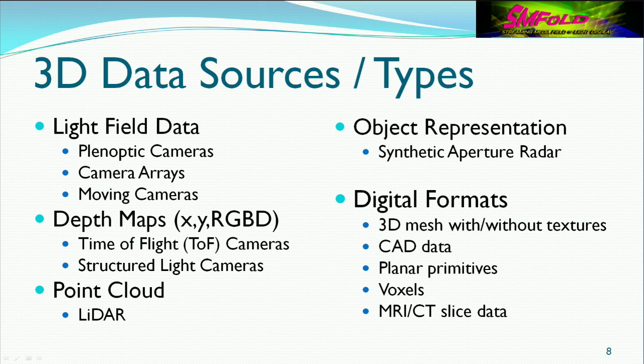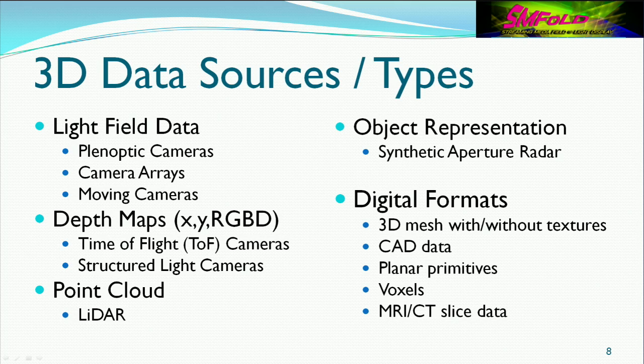There are a number of 3D data types. I'm sure most of you are aware of these. We've got light field data, traditional light field data of plenoptic cameras, camera arrays, or moving cameras. We can create depth maps from time of flight or structured light cameras. And then, by the way, this is not an exhaustive list. It's just some 3D data types. We've got point clouds.